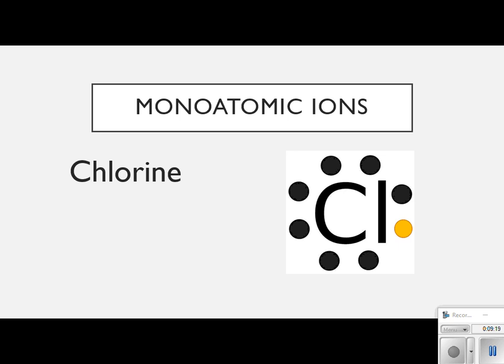So the net charge, 17 pluses, 18 minuses, is going to be 1 minus. Here's where it's a little bit different. When we're dealing with monoatomic anions, meaning that they are negative, we take this INE and we replace it with IDE. So this is the chloride ion. When we're talking about chloride, you know that you're dealing with the element chlorine.